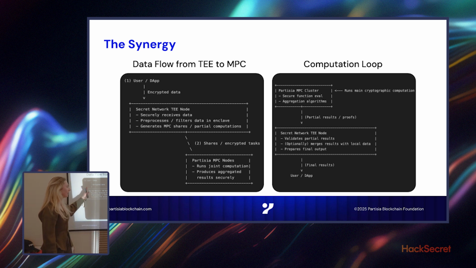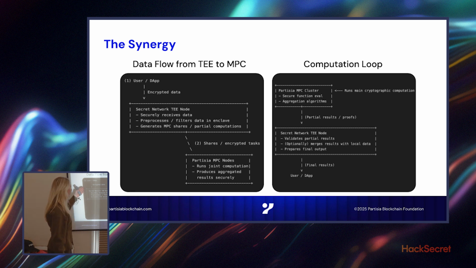So this is, simply speaking, how a data flow from TEE to MPC would work. Let's imagine we have a user, a decentralized application, like a dApp with a network of hospitals in a country talking to each other.